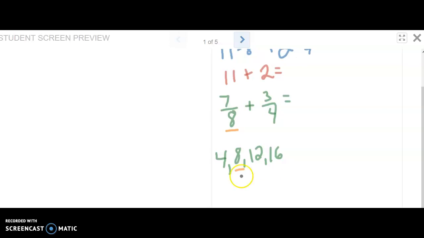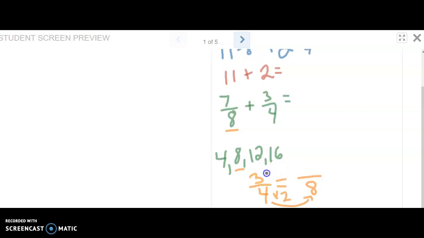And I don't have to change my 7/8 because it already has the denominator of 8. So let me make my 3/4 into an equivalent fraction that has 8 as the denominator. So to get from 4 to 8, I need to multiply 4 times 2.